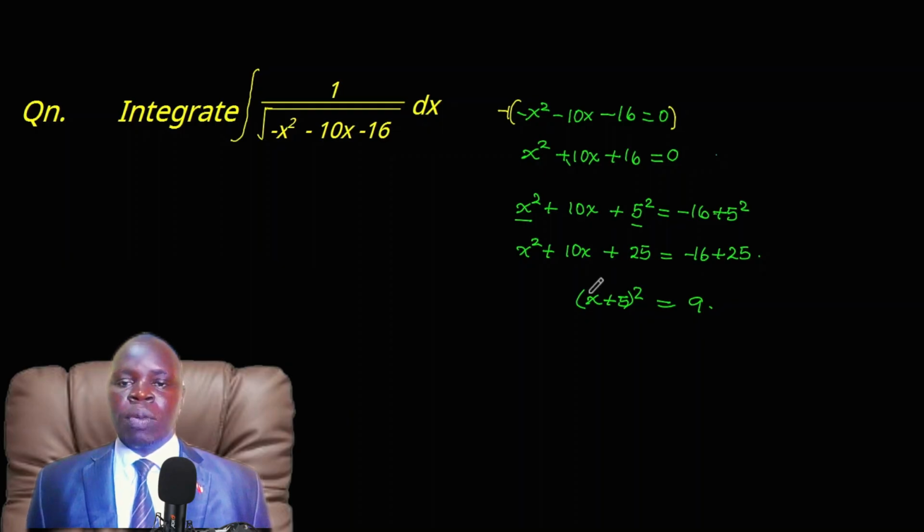So for us to gather them together, we need to look at this sign. Remember we had here negative x squared as our leading term, but when we expand this, of course we get a positive. So for us to get back negative, we can take the whole of this expression to the right hand side, and we are left here with 0 equals 9 minus (x plus 5) squared.